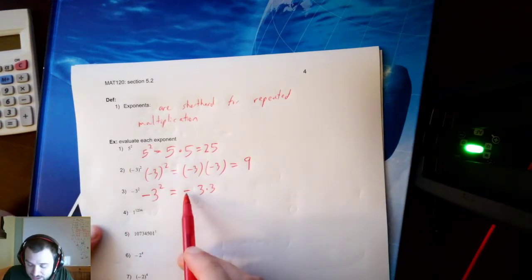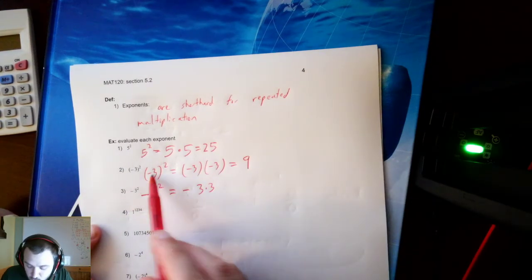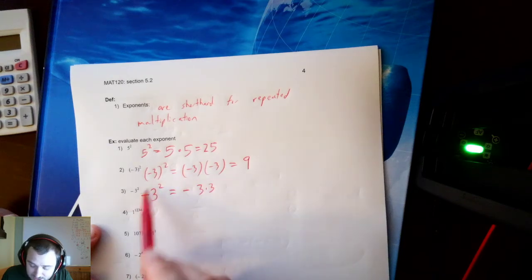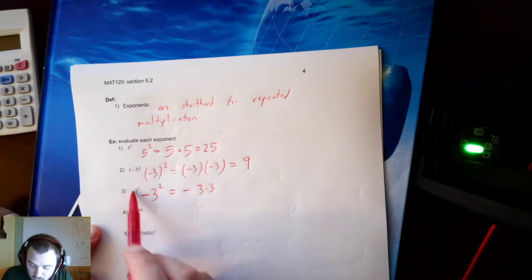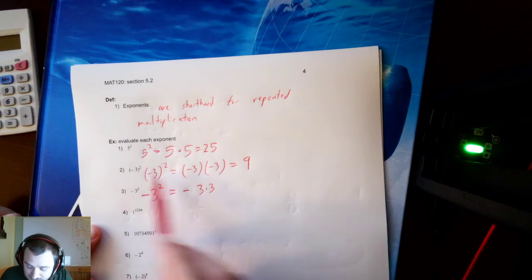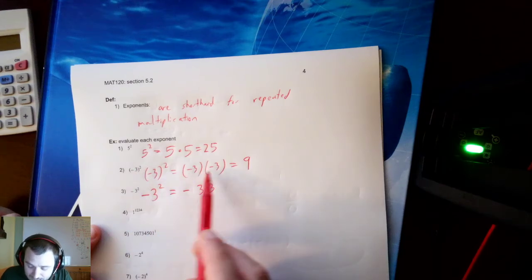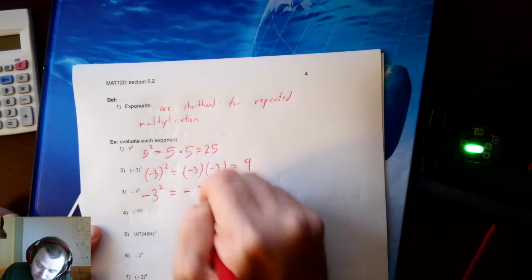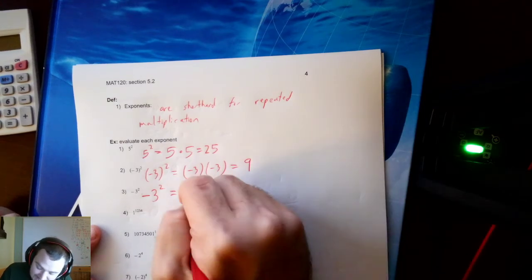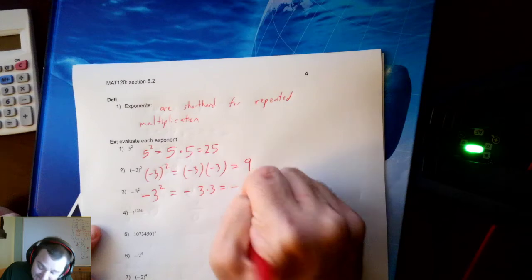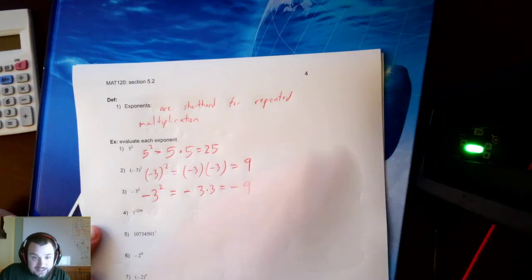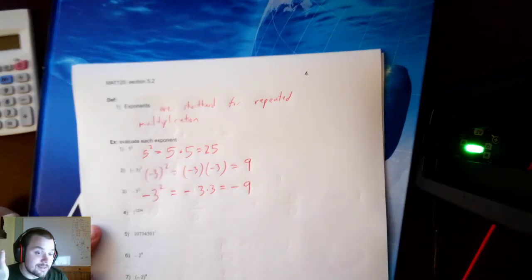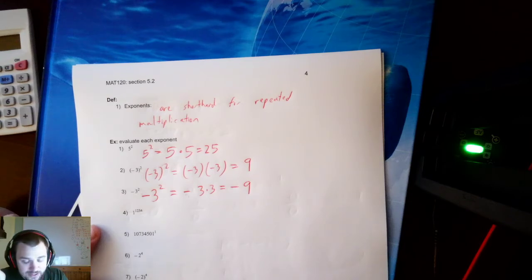Notice I only wrote the negative sign once because it wasn't in parentheses. That's the difference between these two examples. With parentheses, you duplicate the negative sign. Without parentheses, you keep it separate. So this one becomes 3 times 3 is 9, and it stays negative. Notice I didn't get the same thing, right? That's the difference between the parentheses and not parentheses.